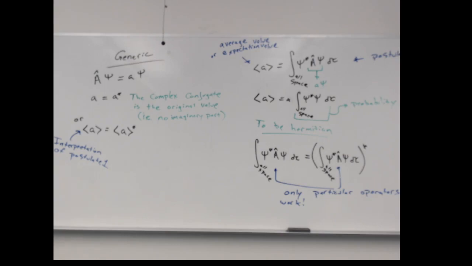That would be 1 over 2m px hat squared. I should have done that in the other order. So when we go to the kinetic energy operator, we actually get the same thing, 1 over 2m momentum squared. But that momentum squared, instead of just being a value, is now an operator. Is that the part that was missing, the 2m?